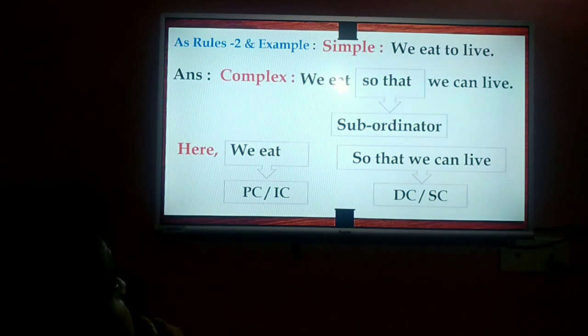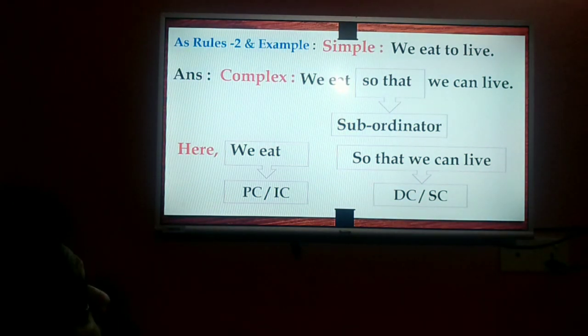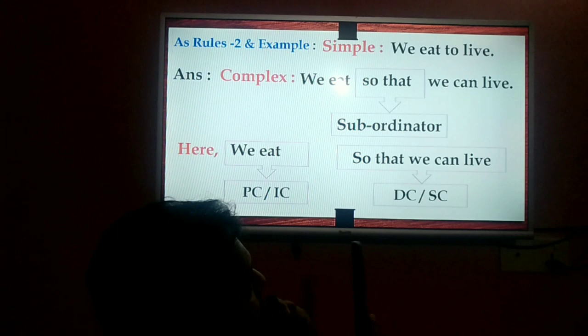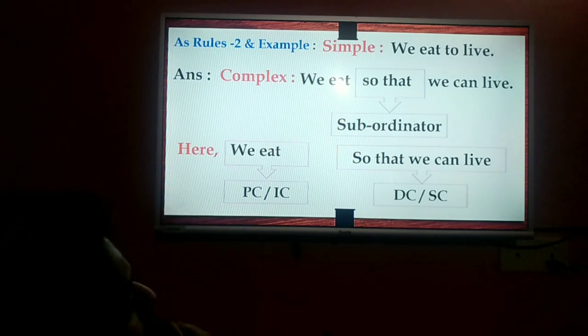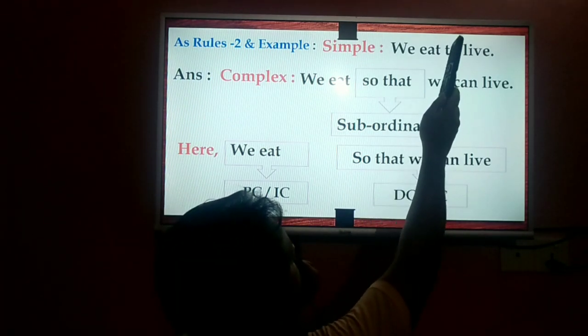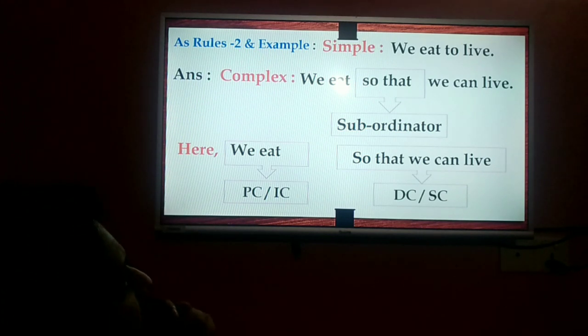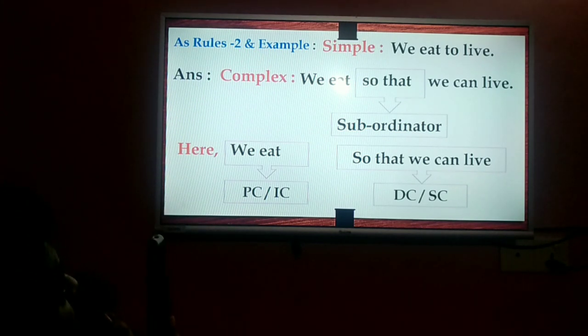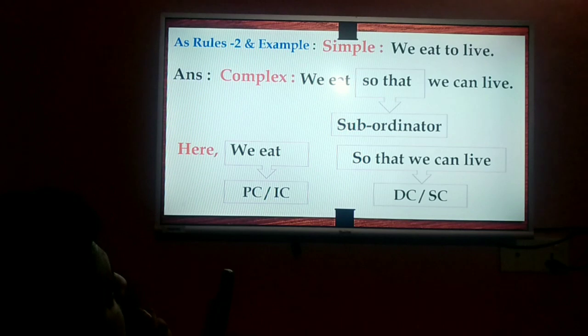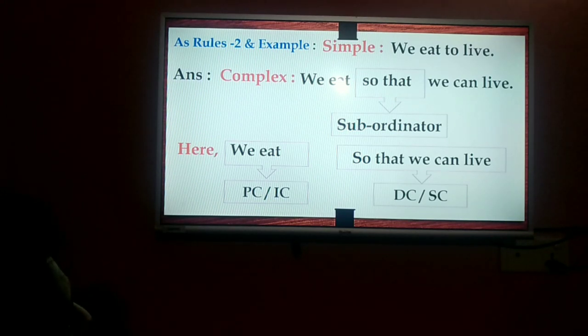Now, next slide. Clause number 2. Example, simple: We eat to live. Here, the infinitive to. Answer, complex: We eat so that we can live.